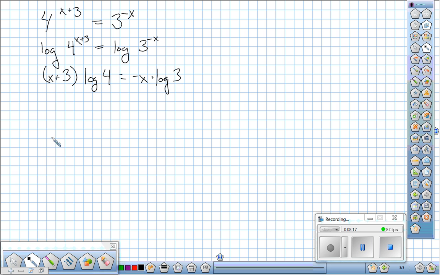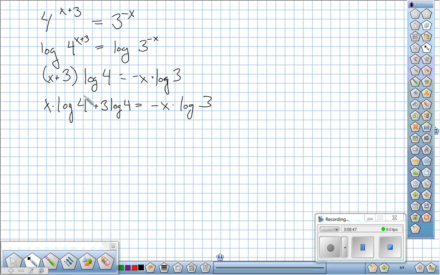Okay, I'm going to get all my x's on the same side, but in order to first do that, I need to actually distribute through my log of 4 into these parentheses. So I will have x times the log of 4 plus 3 times the log of 4 equals negative x times the log of 3. And then I'm going to get all my x's on the same side.